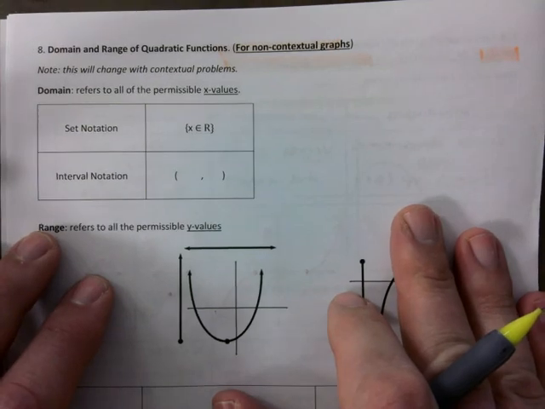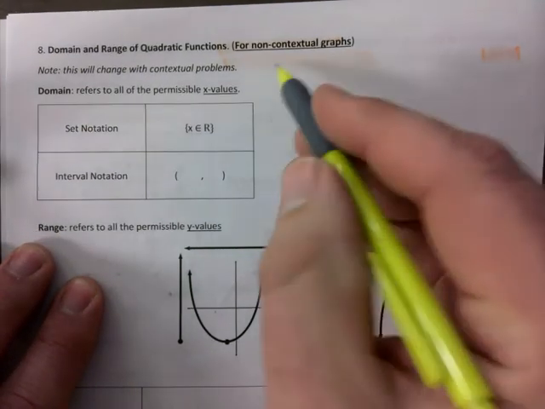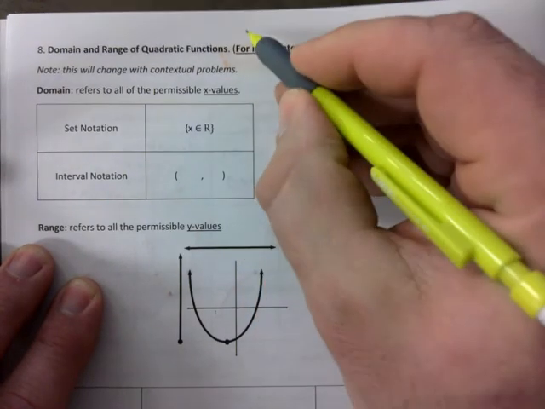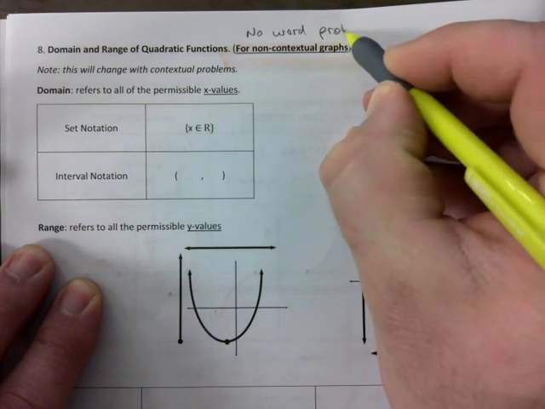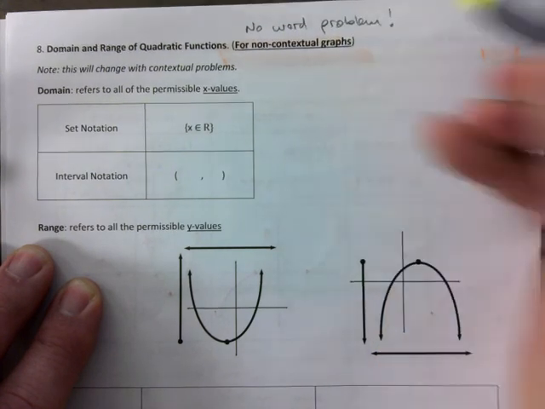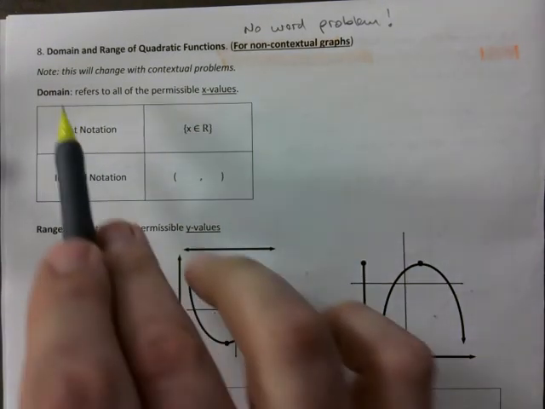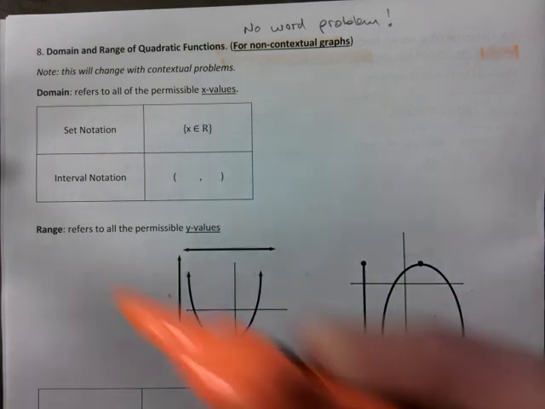So, domain and range of quadratic functions. This is now for non-contextual graphs, no word problems, okay? I tell you that very clearly because once we start dealing with word problems, I don't want you to just say, oh yeah, I'm going to review domain and range and stick with this.